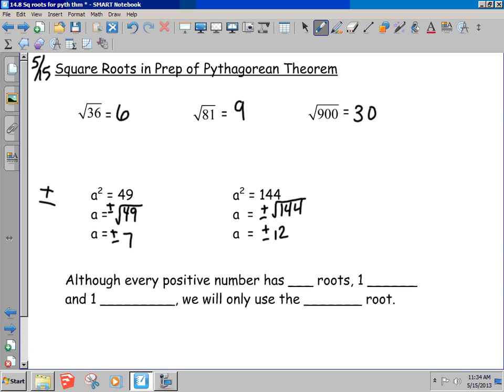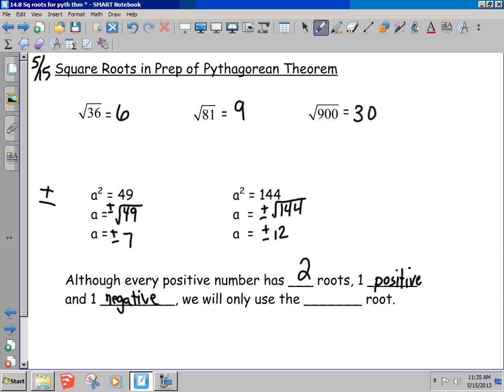All right. Although every positive number, like 49 and 144, has 2 roots, one positive and one negative, we will only be using the, which one do you think?